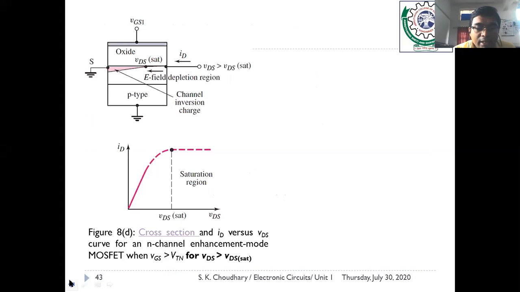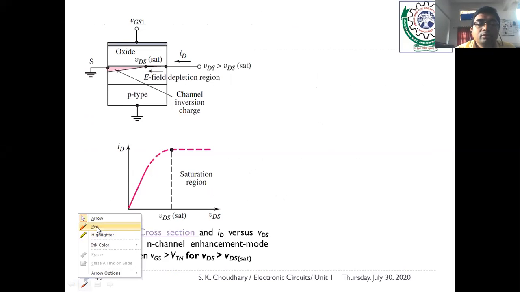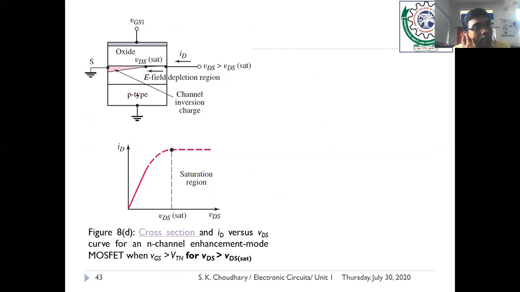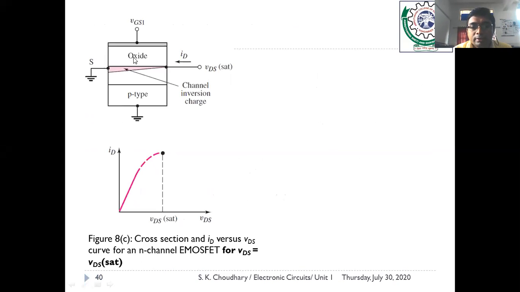So this is the diagram we used. We have to visit the two diagrams. In the first case, this is the pinch off point, and here VDS is equal to VDS set.